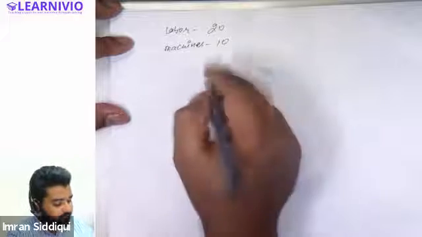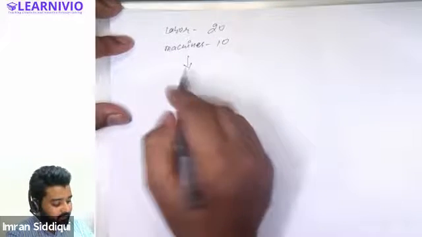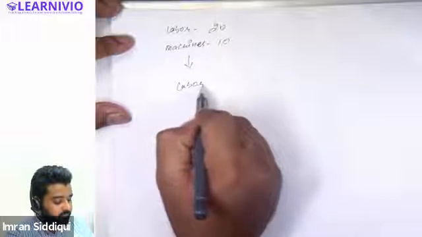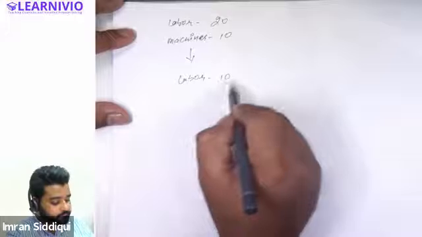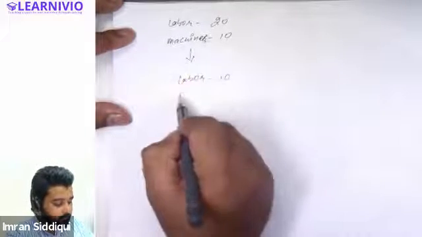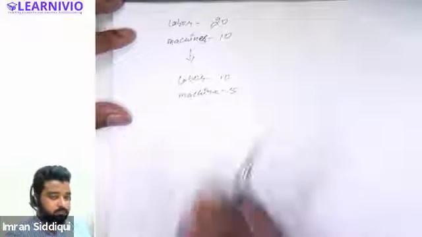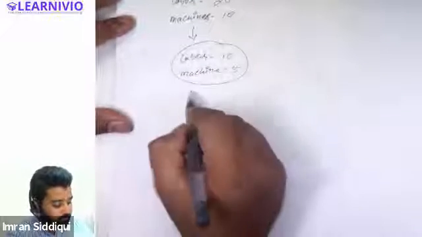And while drawing the production possibility curve, we are considering that out of the 20 laborers, the producer is only applying 10 laborers, and out of the 10 machines, he is currently using only 5 machines. And considering this, we have made a production possibility curve.